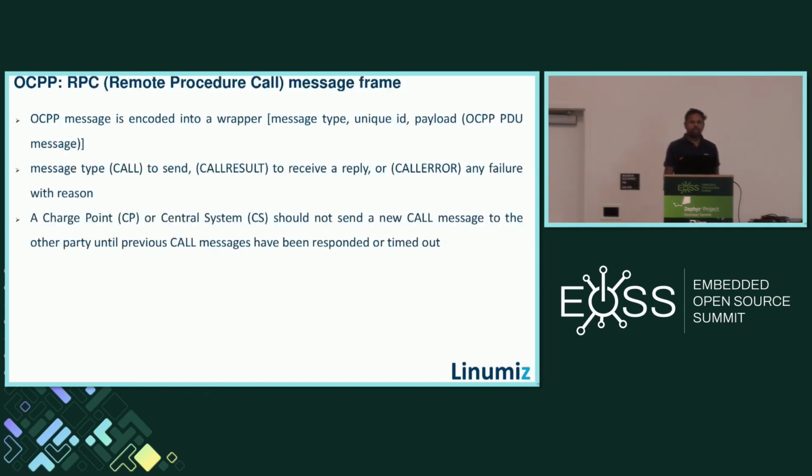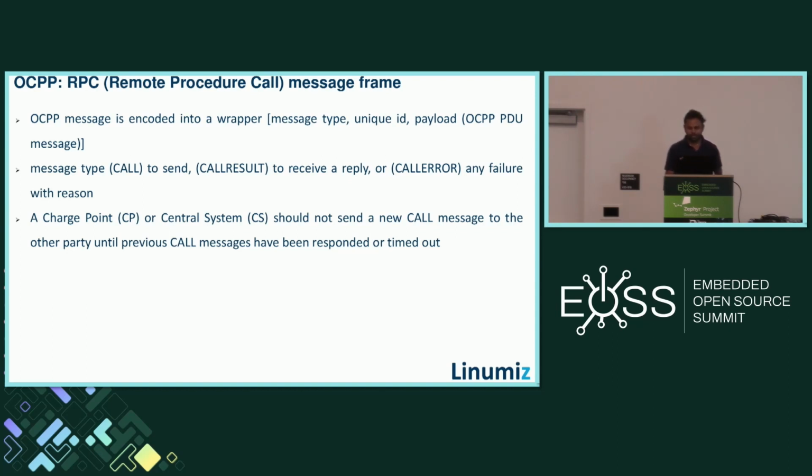So we have seen so far the specifications and the basic predefined unit messages, and these predefined unit messages are not sent to the central system directly. Instead, they are wrapped, or encoded, into a wrapper called remote procedure call messages.